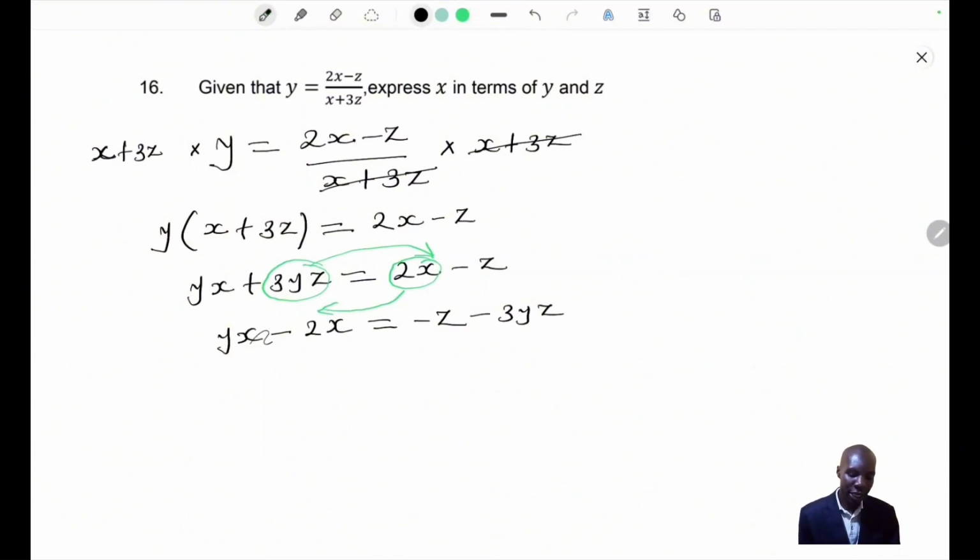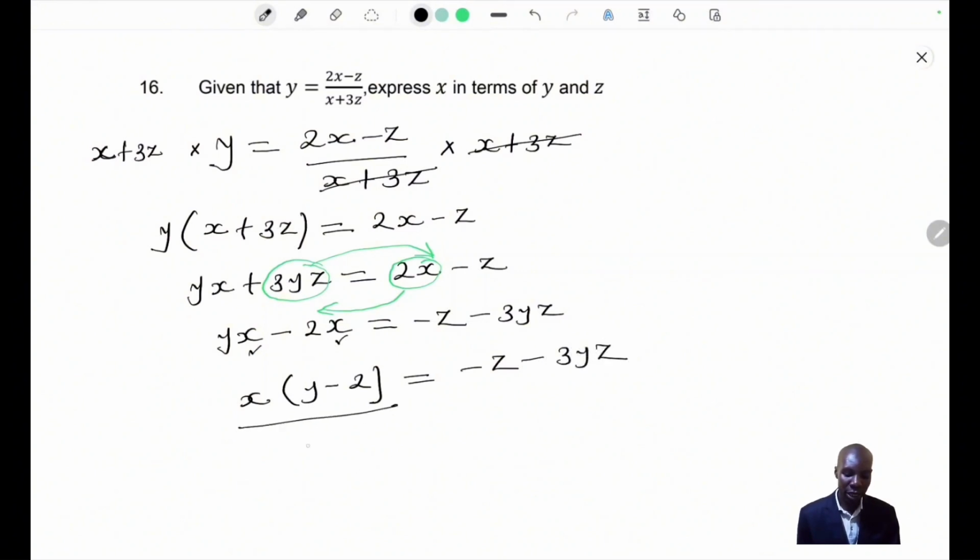From here, we can see that x is common. So we'll have x in bracket y minus 2 equals minus z minus 3yz.